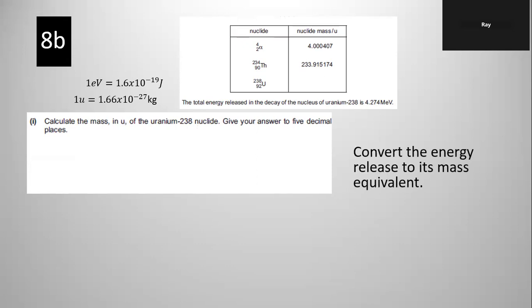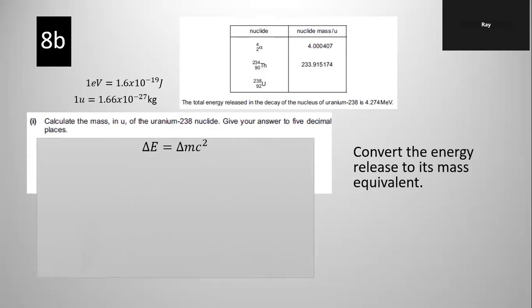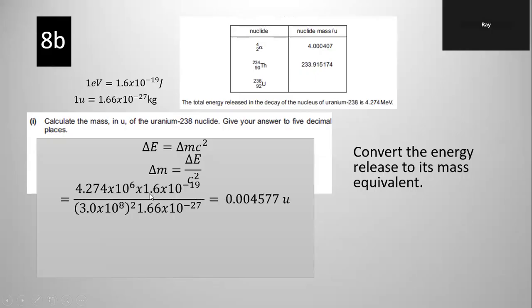Convert using E equals mc square, the energy to mass equivalent. E equals mc square. Delta M is delta E over c square. Right? Delta E is this one. Change it to joule. 4.2 times 10 to the power 6 times 1.6 times 10 to the power minus 19.